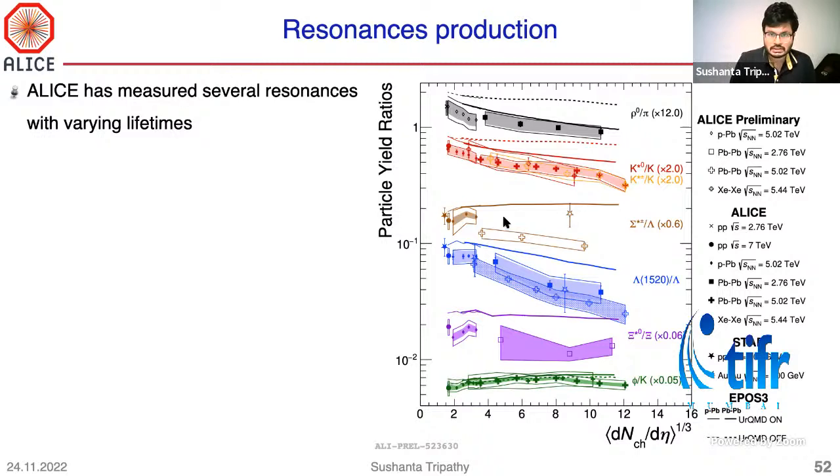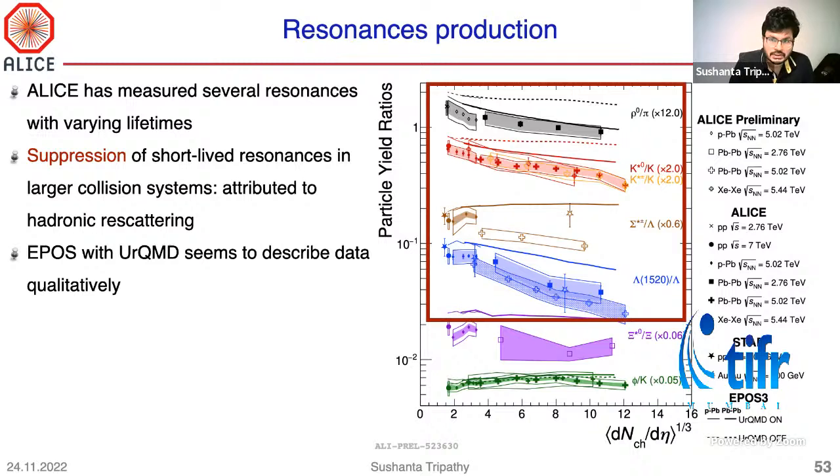Okay, so here is a summary of all the resonance production. Here it is again shown as a function of dN/dη to the power 1/3, starting from rho 0 to K star plus minus, then lambda, then phi, in increasing order of the lifetime of the particles.